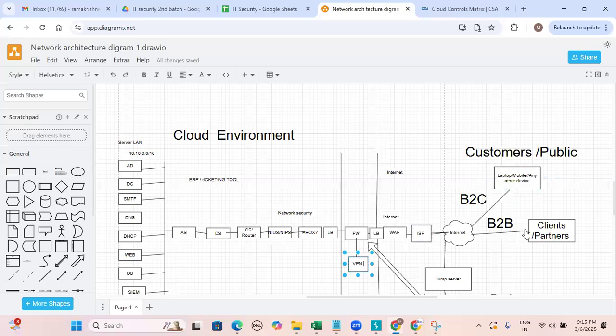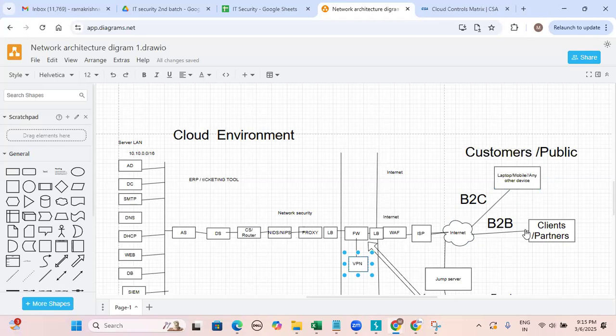Next, business to business. Business to business means I am giving some business to a third party, for example a payment gateway. Say I am part of Amazon, one of the developers, or maybe the CEO of Amazon retail. Now I want to give business to a payment gateway.